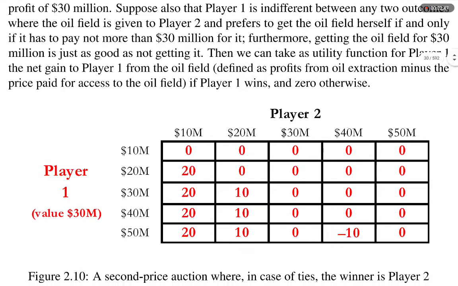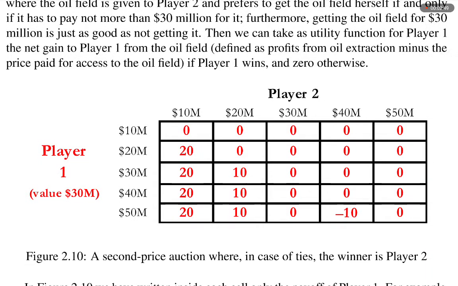We have a grid of 5 by 5. Player 1 has the rows, player 2 has the columns. They have the same outcomes: 10 million, 20 million, 30 million, 40 million, 50 million.